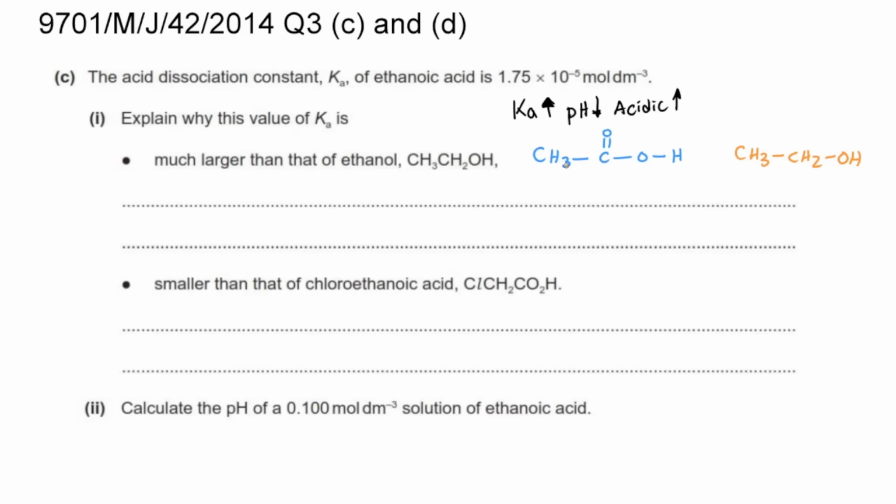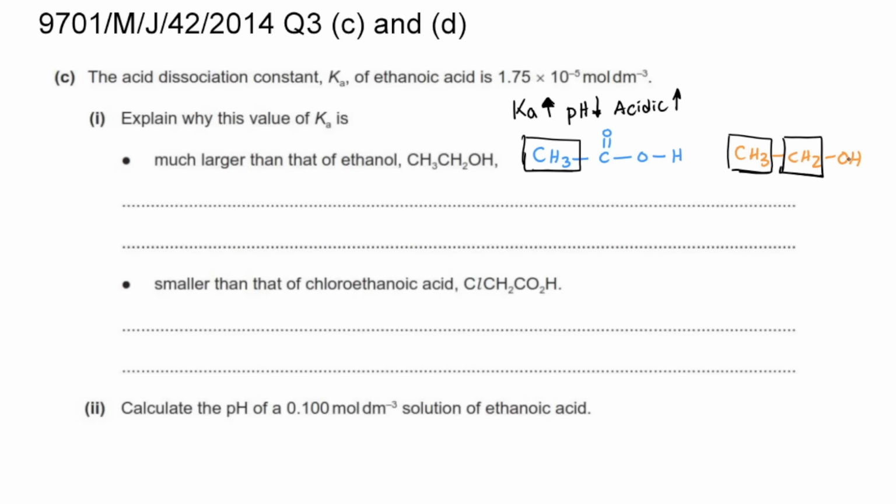So, now that we have the structures of ethanoic acid and ethanol drawn, let's understand why ethanoic acid is more acidic than ethanol. Well, for the first point, ethanoic acid has fewer electron donating alkyl groups than ethanol. It has only one alkyl electron donating group, whilst ethanol has 2 of them.